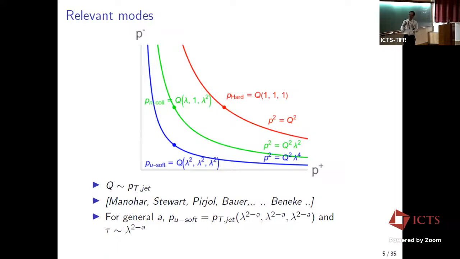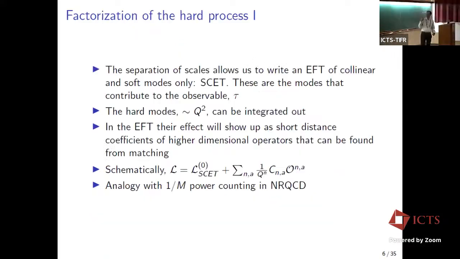This has been studied a lot, and the technique that helps you study it easily is soft collinear effective theory, where you focus on the soft and the collinear modes which contribute to the observable. And the hard modes, as we saw, can be integrated out, so their effects just come simply in an overall factorization formula.